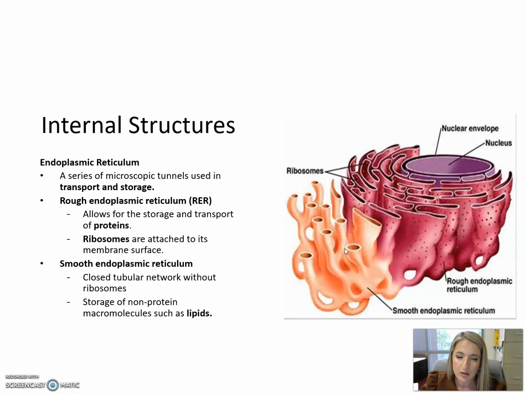Looking at the rough endoplasmic reticulum first, we can see that it is studded on the outside with ribosomes. There are ribosomes attached all along the surface of the rough ER, which gives it a rough texture, which is why it's called the rough ER. Ribosomes, we know, are associated with protein synthesis.